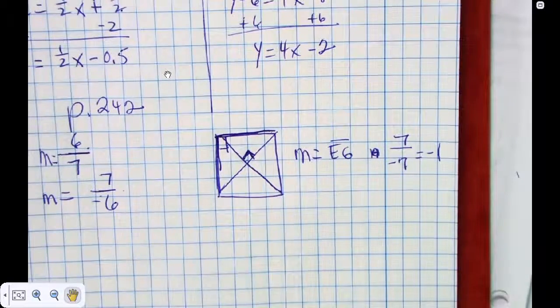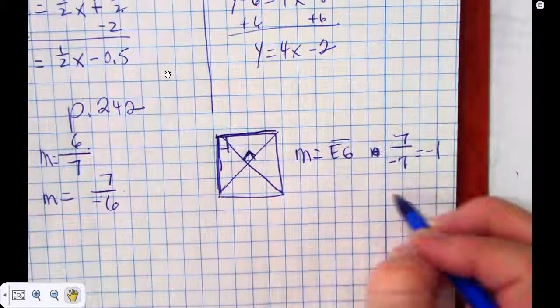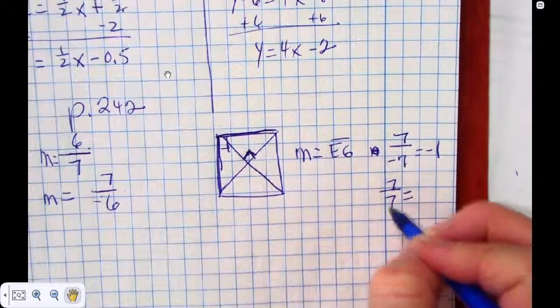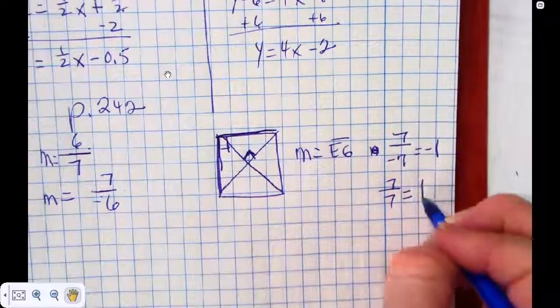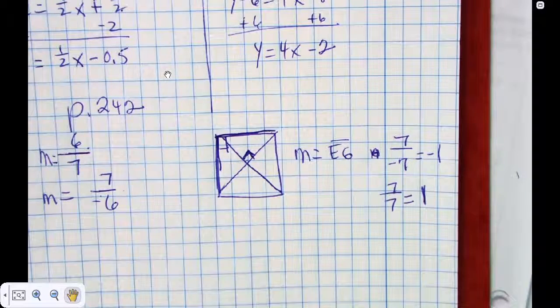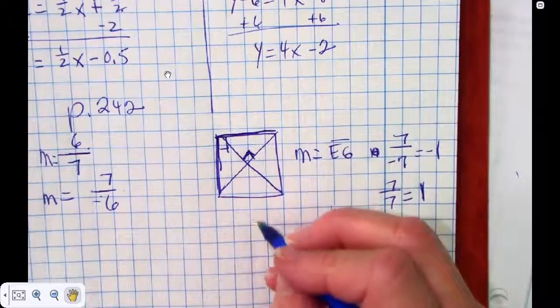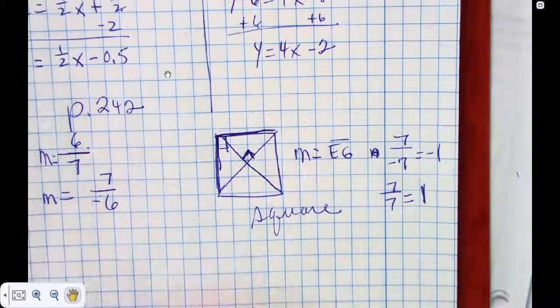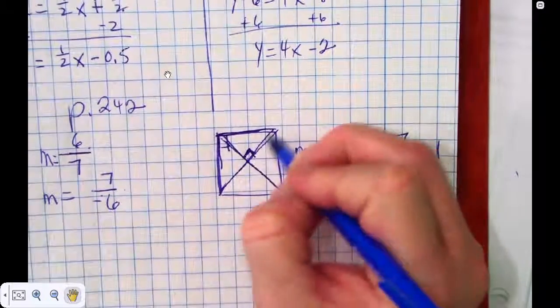Now, FH. So 1, 2, 3, 4, 5, 6, 7. You're going to run 7, and you're going to go up 7. FH is positive, so that's 1. Is that the opposite reciprocal? Yeah, 1 over 1 is 1. So this is true. It is a square. Okay, that's true. They're perpendicular.